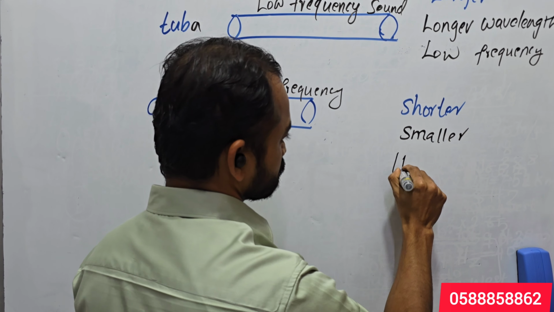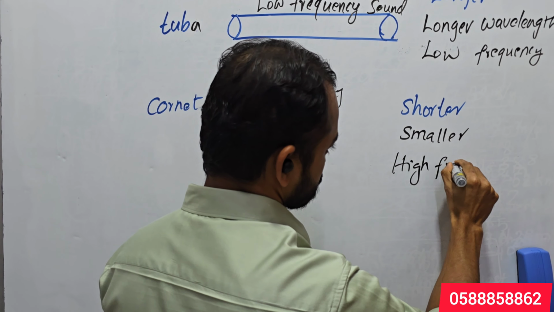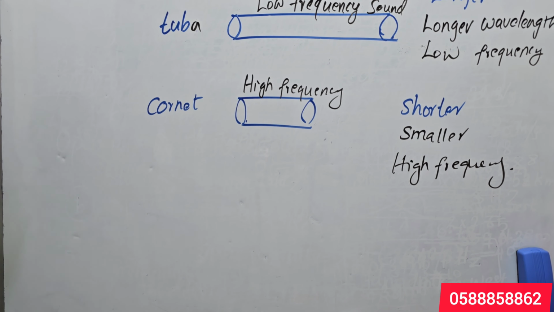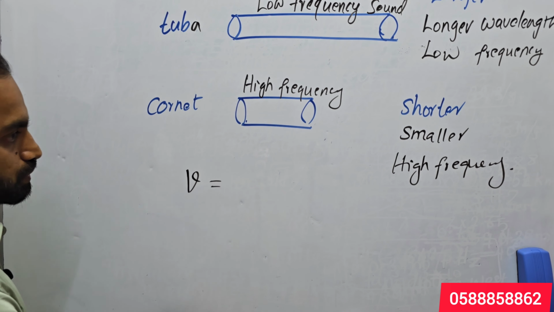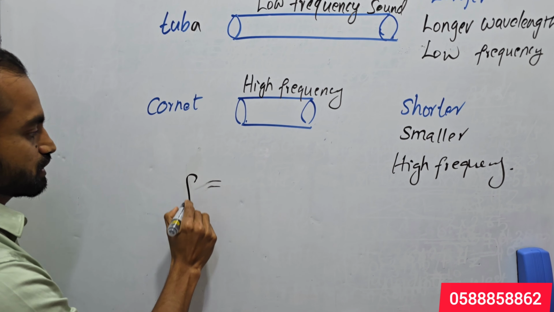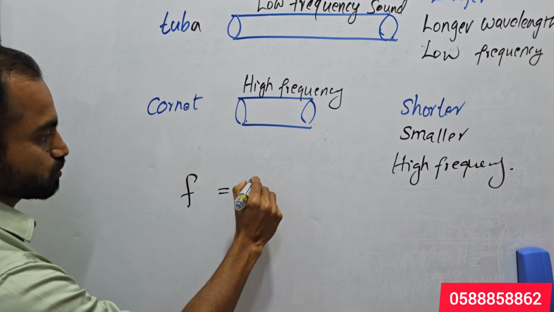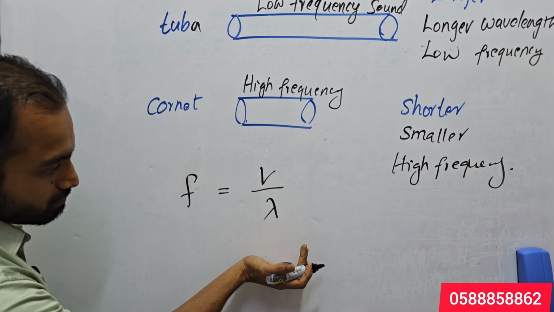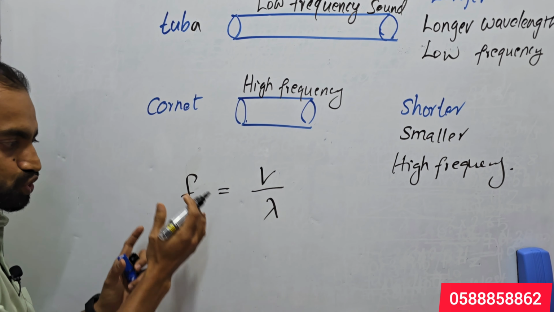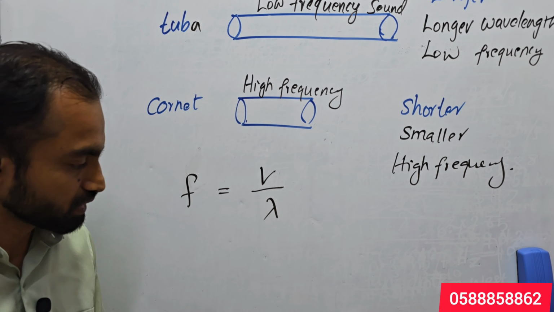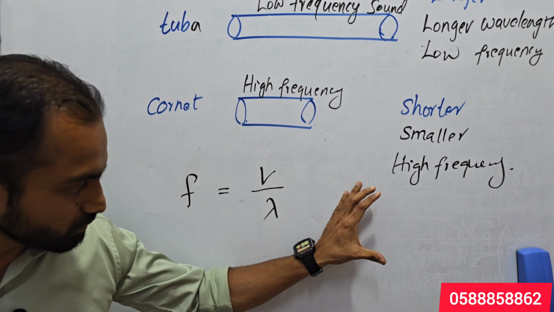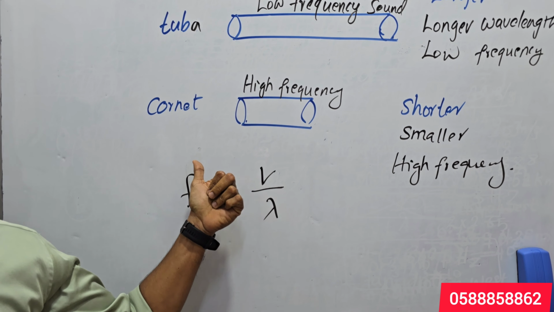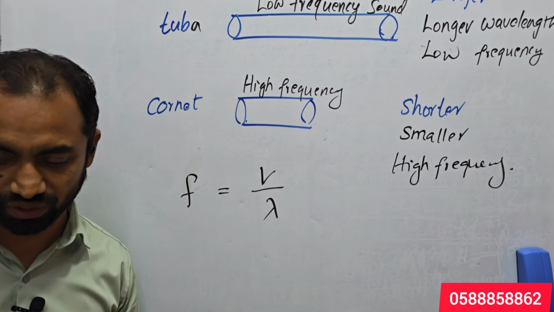Smaller wavelength means it will produce high frequency. How do we know? That we know from this equation. Frequency is equal to speed divided by wavelength, right? Longer wavelength means lower frequency. Large wavelength, small frequency. Small wavelength, large frequency, high frequency.